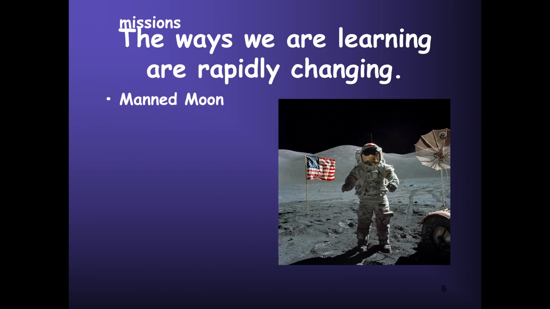So what have we done? It turns out, as far as manned missions are concerned, the furthest that a human has been is to the moon. I am by no means trying to downplay that accomplishment, but keep in mind that's about a 250,000 mile trip. In the grand scheme of things, it's just this baby little jump.